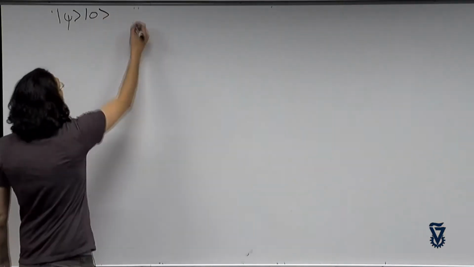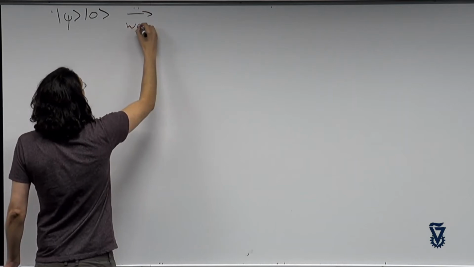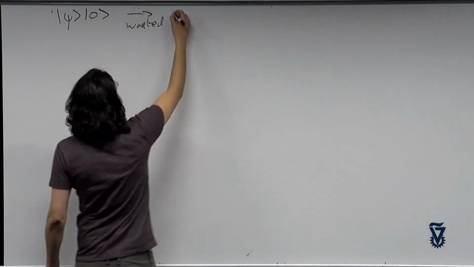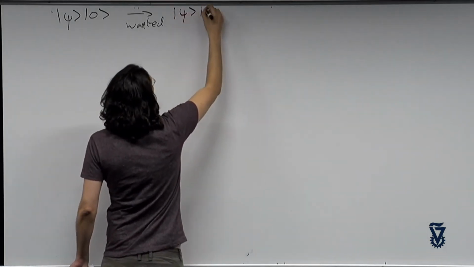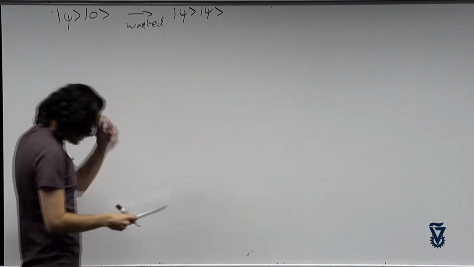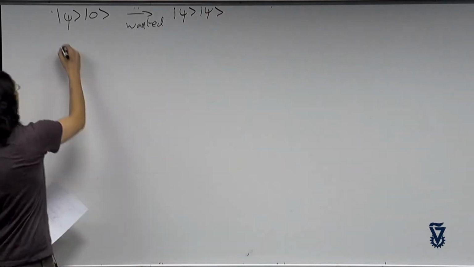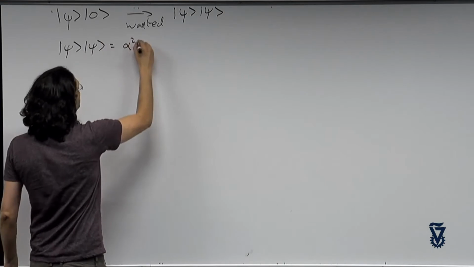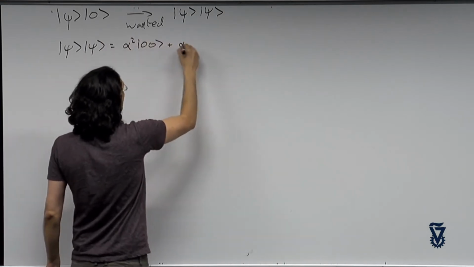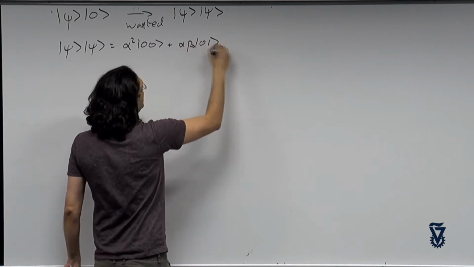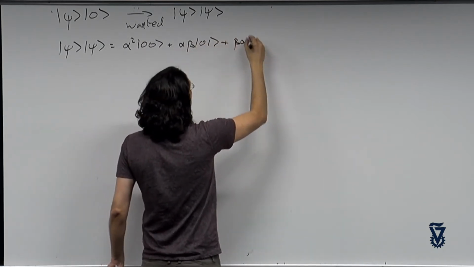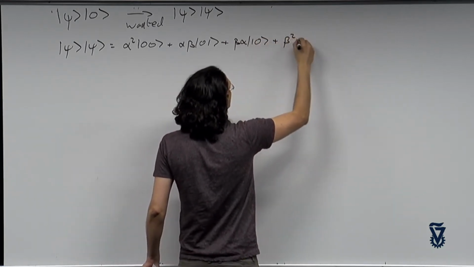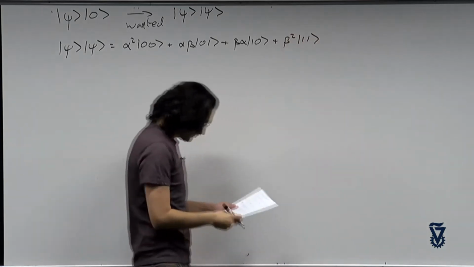We applied the CNOT, and if we had an operation that copies a qubit, we wanted to end up with psi psi. But psi psi is just alpha squared 0,0 plus alpha beta 0,1 plus beta alpha 1,0 plus beta squared 1,1.